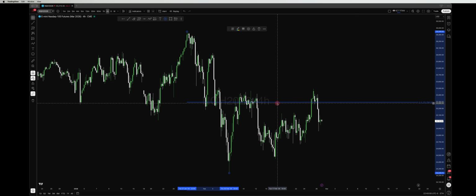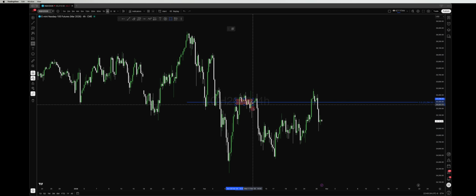That means this is the equilibrium, and equilibrium is a price level where you can expect consolidation within the swing. So for this swing, if price is within the midpoint, you can expect consolidation. You can see here, this whole phase is consolidation.